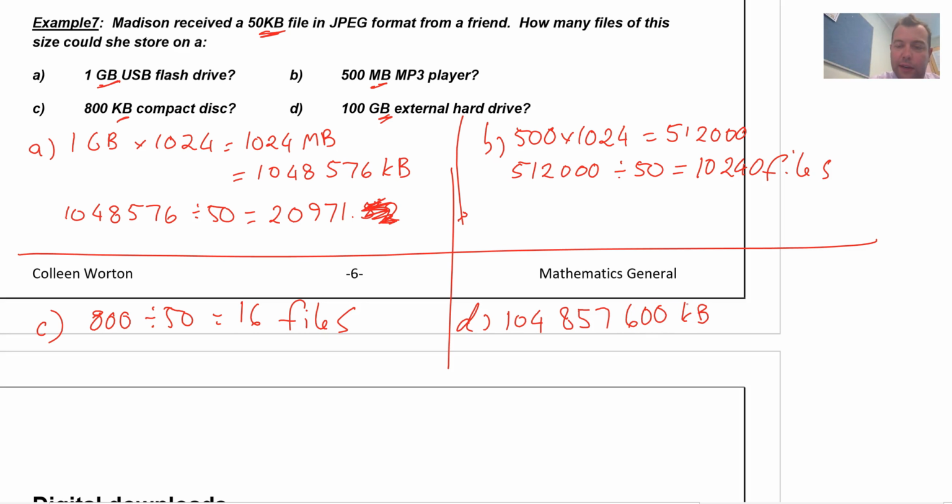It's 100 times bigger than A. Divide that by 50, and I'm going to get 2,097,152 files. Those decimal places that we didn't use before are in fact going to be useful here.